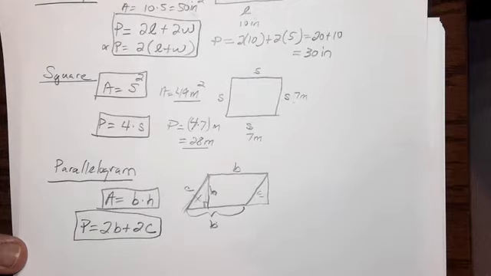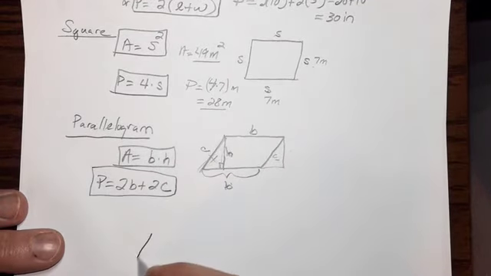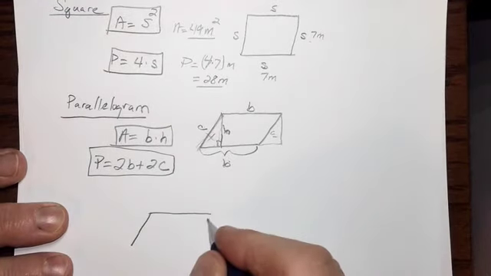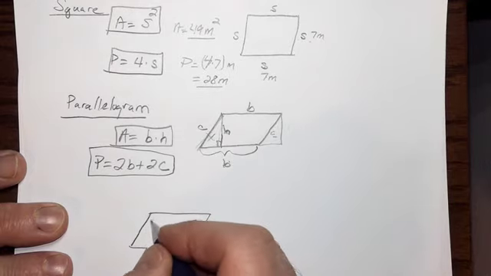Your assignment today is going to be finding the area, the perimeter, and what type of quadrilateral it is. So for instance, if I gave you this problem, and this is what your assignment's going to look like.